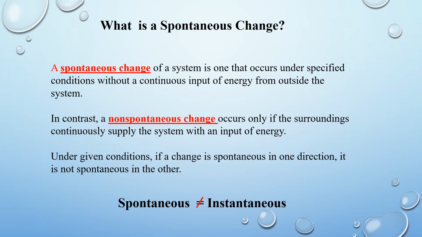Under given conditions, meaning when the conditions are fixed, such as fixed volume, fixed temperature, and fixed pressure, if a change is spontaneous in one direction, it will not be spontaneous in the other direction. For example, given the conditions for burning fuel, burning the fuel is spontaneous.